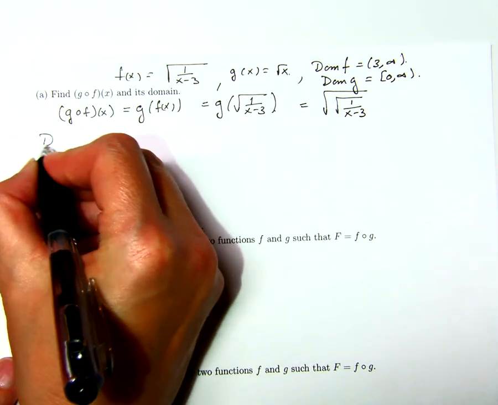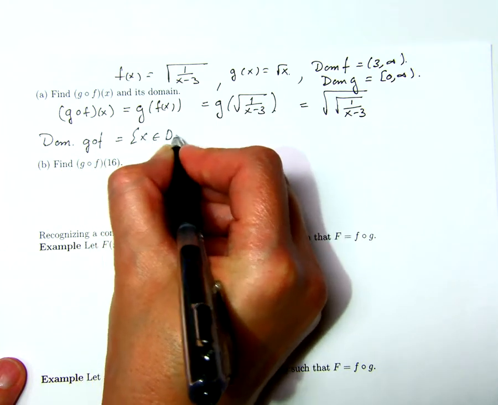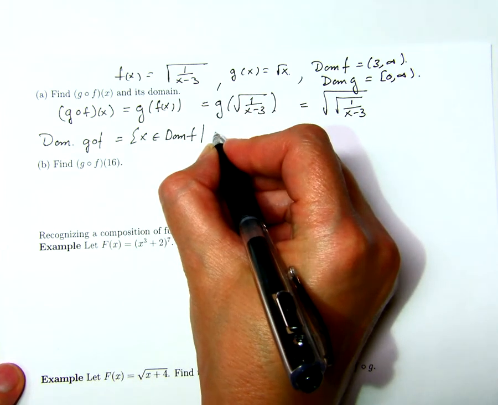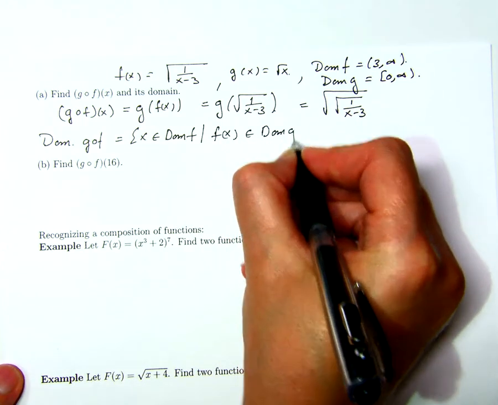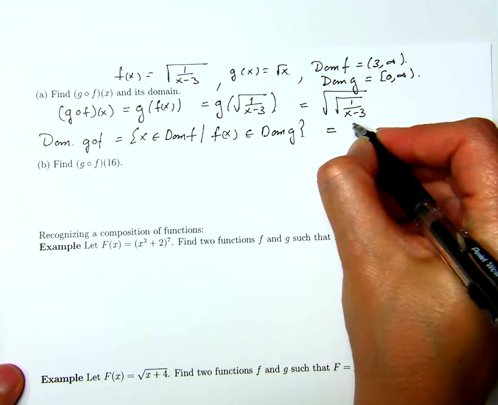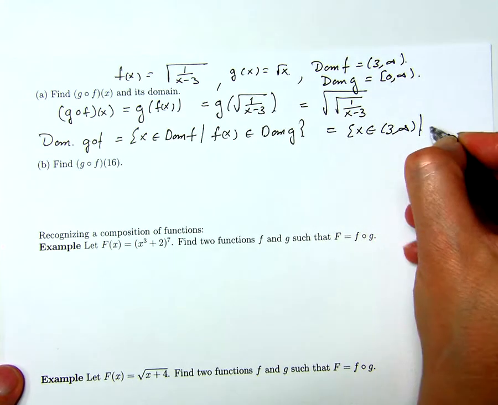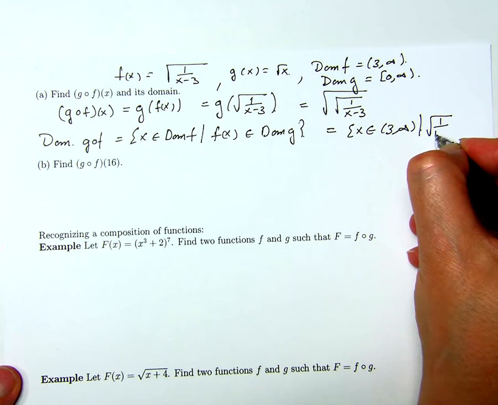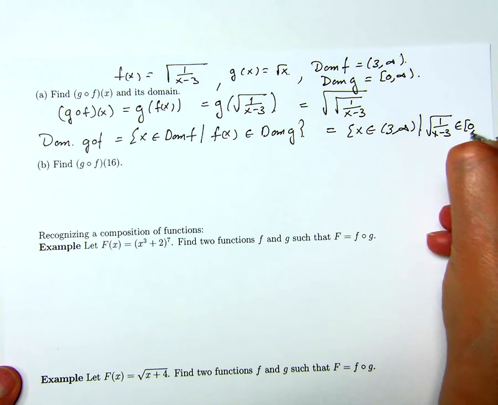Now remember, the domain of g after f is everything in the domain of f, so that I can apply g to f of x, so that f of x is in the domain of g. And so that's every x in the interval from 3 to infinity, for which f of x, which is the square root of 1 over x minus 3, is in the domain of g, which just means it's greater than or equal to 0.